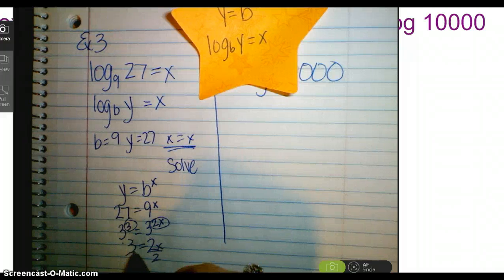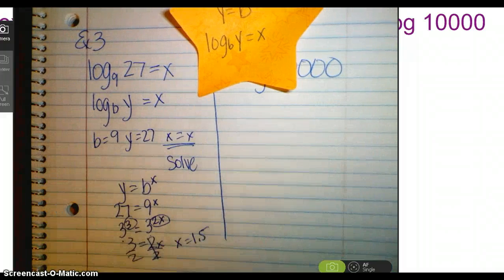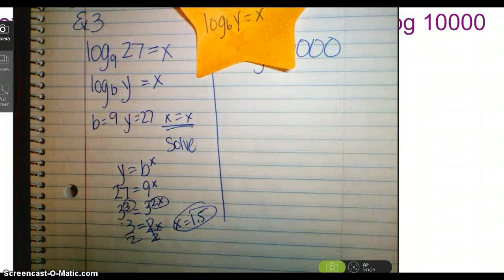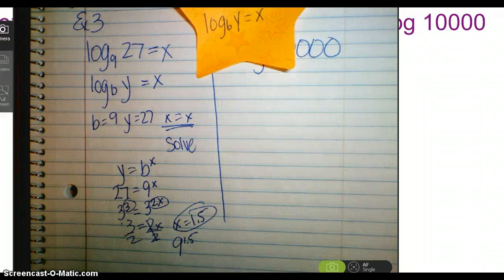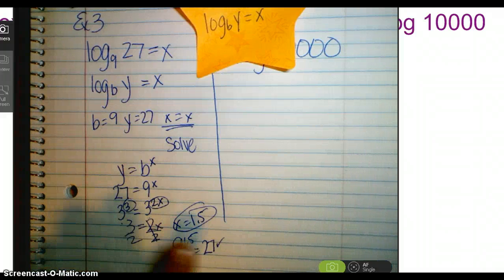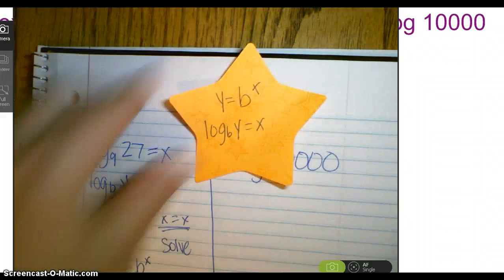So if I divide both sides by 2, I get x equals 1.5. Now if I get this answer and I'm not really sure that's what it is, I should be able to put 9 to the 1.5 and make sure that it equals 27 and checks out, which it does. Remember, we said the number was going to be between 1 and 2, and I can see it's 1.5, so that's good. Okay, last one.